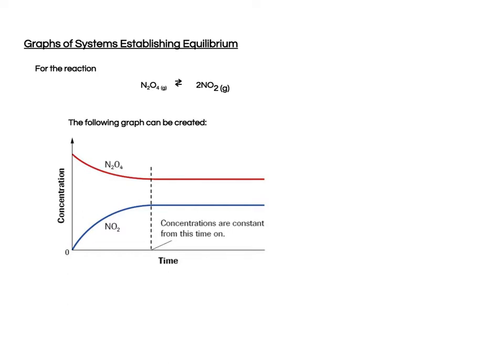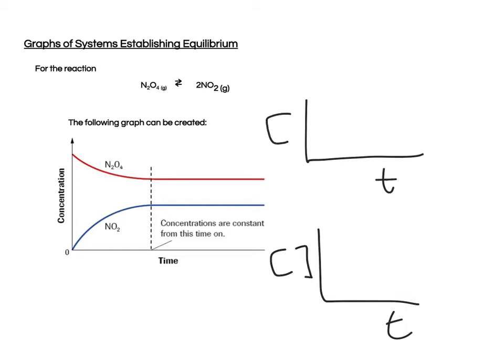So some other possibilities. I just want to talk about this because I think it's important to discuss. So I'm just going to set up a couple of different graphs here, and again we're going to have concentration versus time for both of these graphs. In this particular circumstance, I can see that the equilibrium concentration of N2O4 is still higher than the equilibrium concentration of NO2.